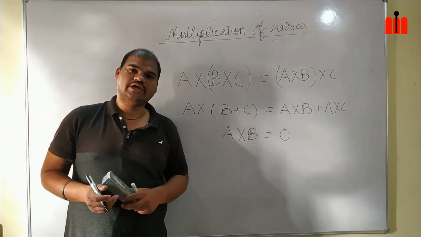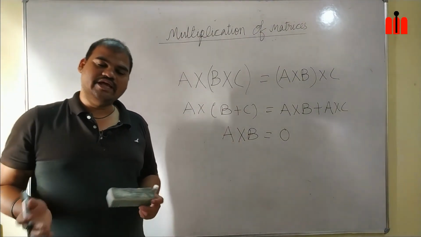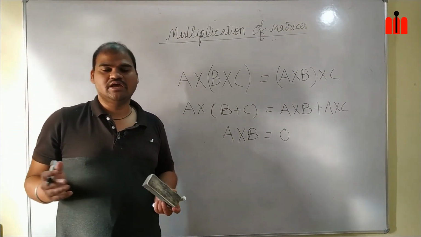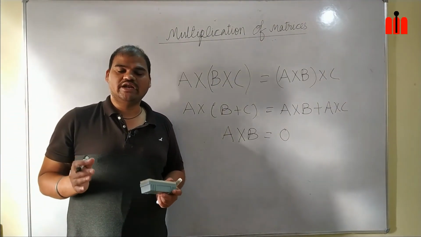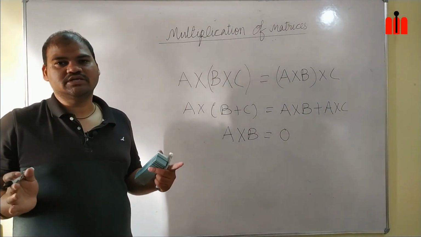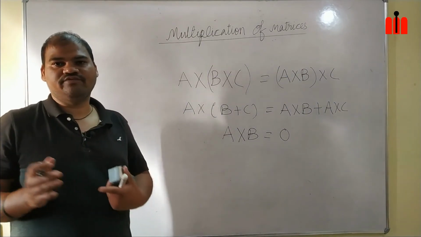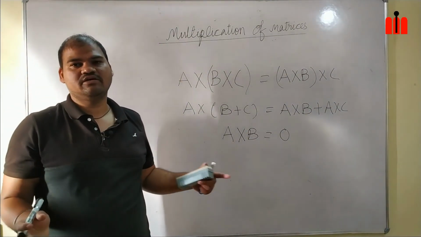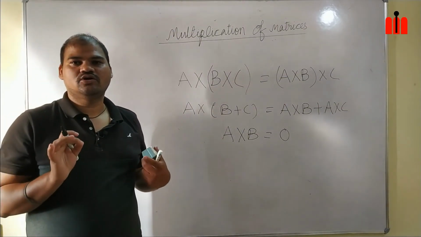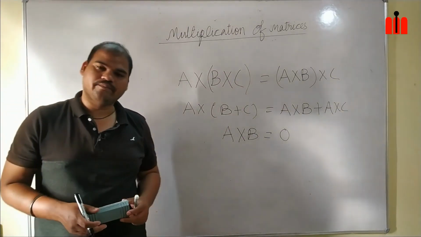Suppose you take two numbers, 2 into 0 is 0. 2 into any other number will be a number other than 0. So when multiplying two numbers, if the result is 0, we conclude that definitely one number would have been 0.